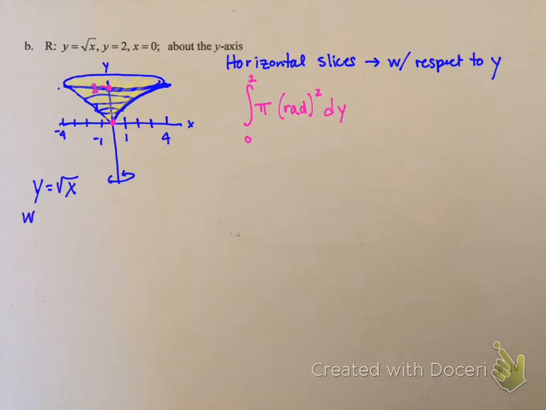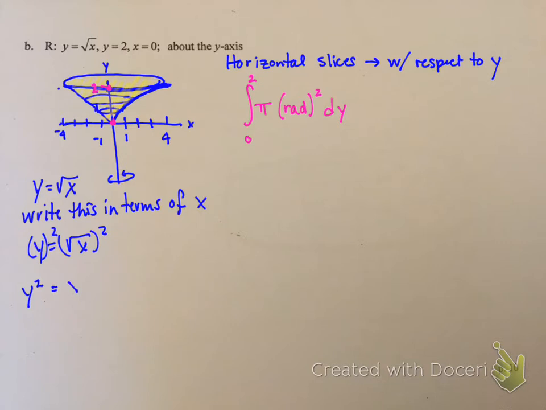So I have to write this in terms of x. I've got to get x isolated, so I'm going to square both sides, and I get y squared equals x.